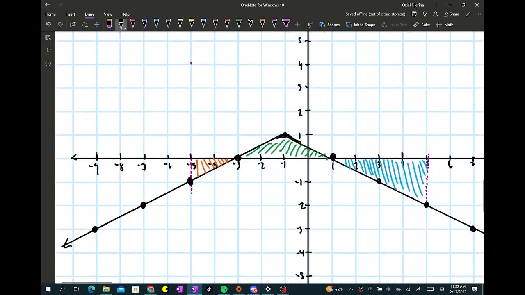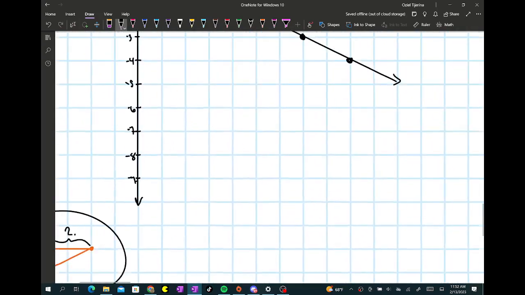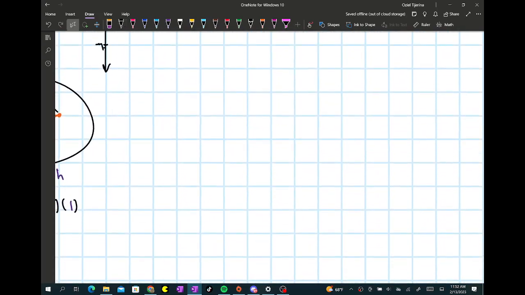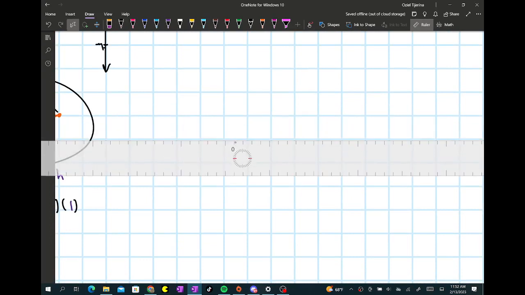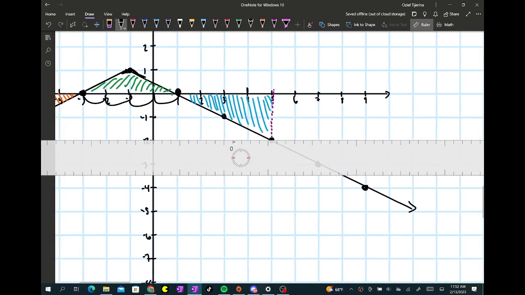Okay, so that's taken care of. And then the green part, we have from -3 to 1. So that'll be 1, 2, 3, 4, so it has a base of 4, right?